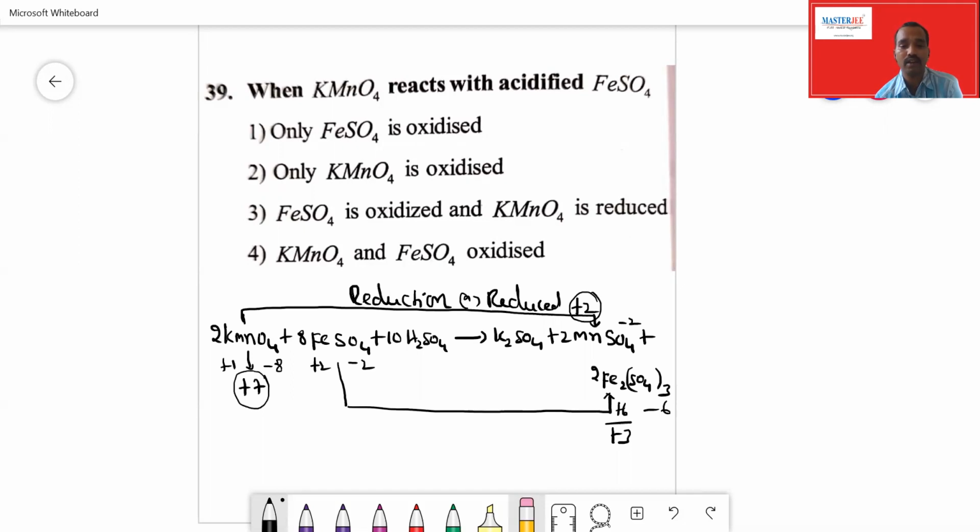That means loss of electrons. It has definitely undergone oxidation. Otherwise we can say it gets oxidized. So by seeing this, what you can explain is FeSO4 gets oxidized and KMnO4 gets reduced. This option we can select.